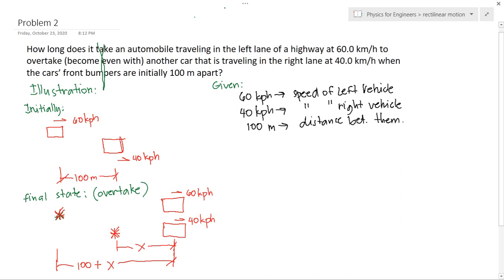And since hindi pa to siya kilometer, magko-conform tayo sa units. So 100 meters is just equal to 0.1 kilometers. So therefore this given pala written as 0.1 kilometers. So yung required natin is time.